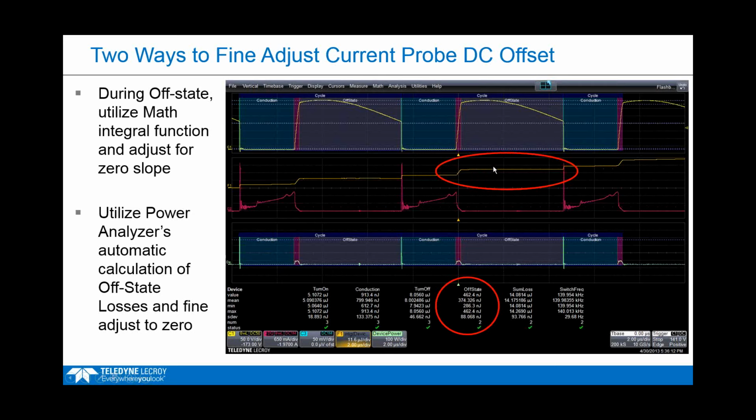In the off state, we know that we shouldn't have any power loss because we shouldn't be conducting any current during the off state. So what we want to do is adjust the DC offset until we see this energy is very flat during that state, or you can look at the off state measurement here and adjust it until we see this is minimized.